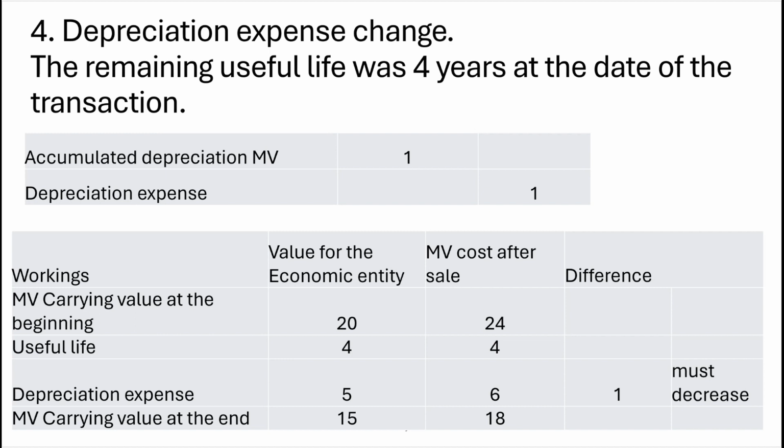Our fourth consolidation journal entry is to adjust for the depreciation expense. The remaining useful life was 4 years at the end of the transaction. So if you look at the asset value for the economic entity, as if it was not sold and it has been held by the parent, then the carrying value at the time of the sale was $20,000 because it's $25,000 less $5,000 is $20,000.